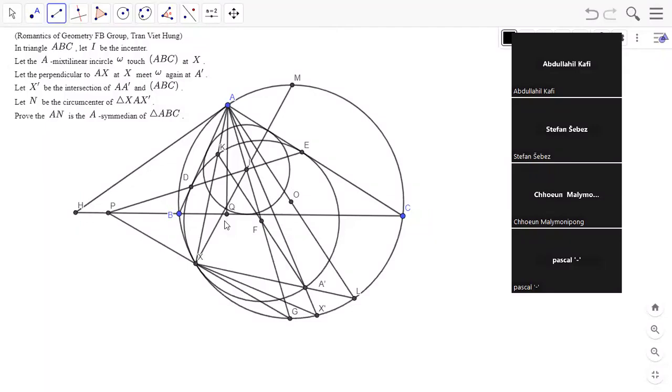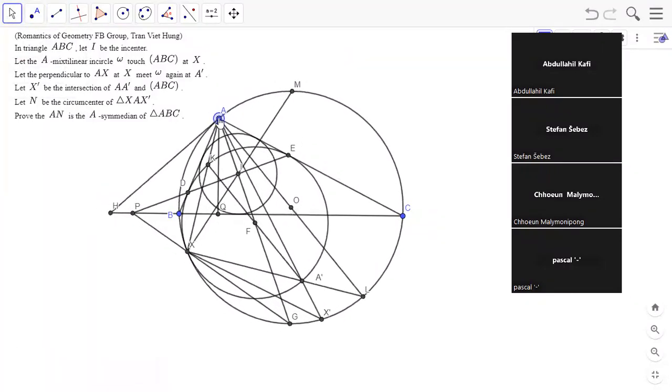G goes to the intersection of AG and BC.